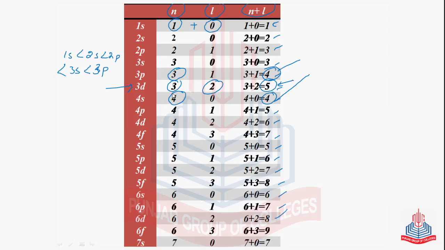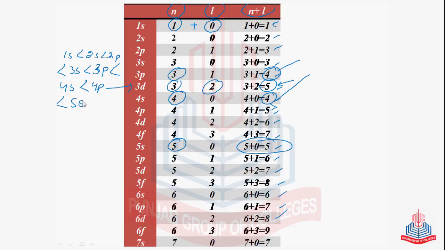Means पहले 3p और उसके बाद 3d नहीं, 4s आया. 4s के बाद next 5, that is 4p. After 4p, we can see that we again have answer 5, and here the principal quantum number is 5. इसीलिए 4p के बाद electron जाएगा 5s में.